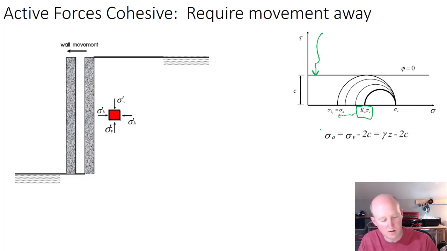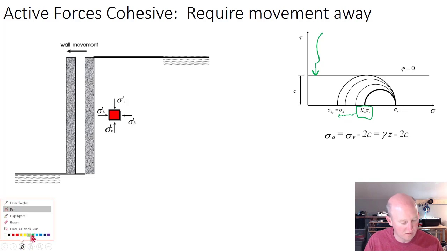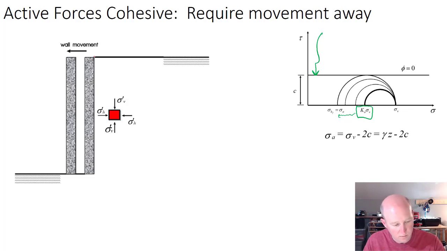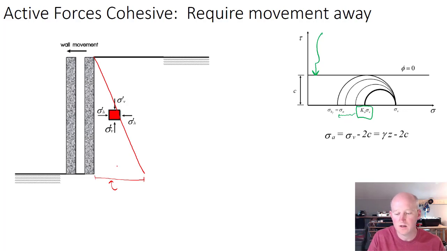So again, we'll do the calculations to try and find the base of the triangle. We don't want to build walls out of clay, so we won't spend as much time on this.